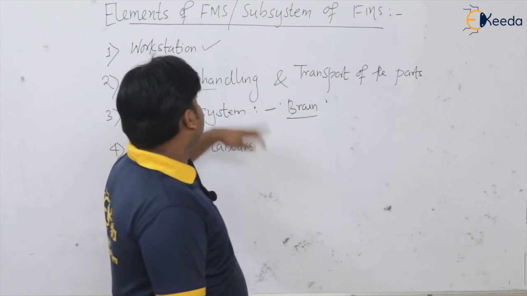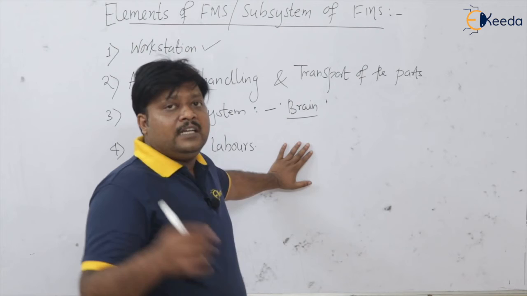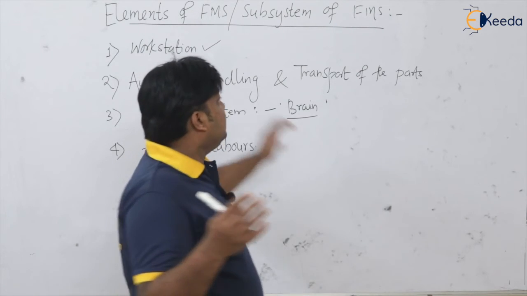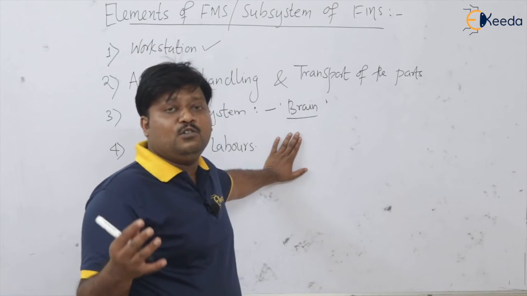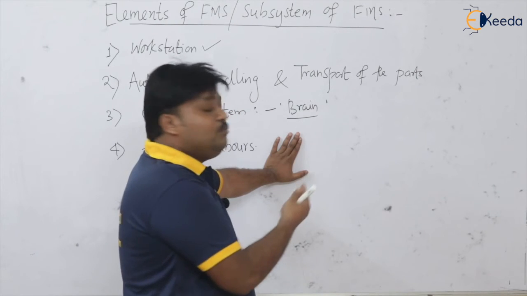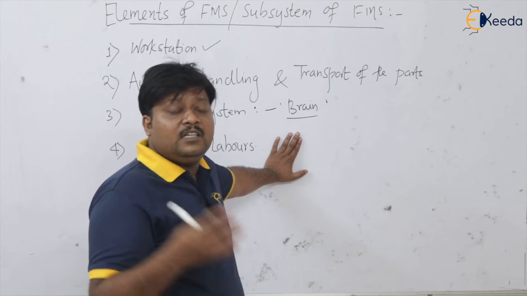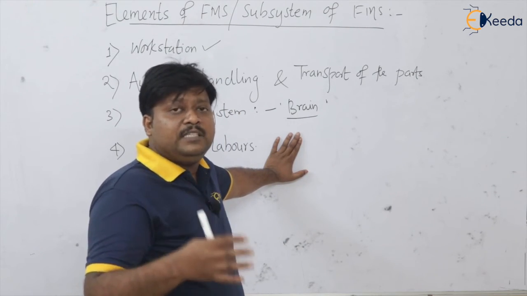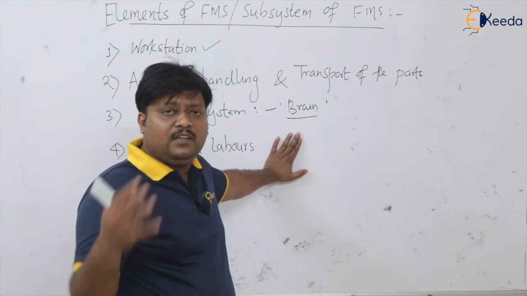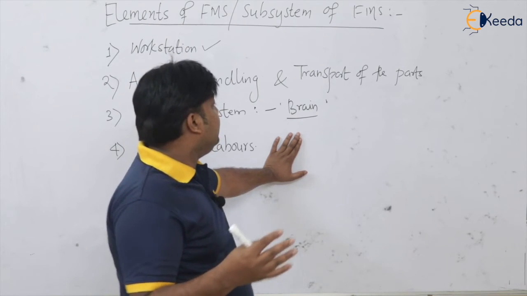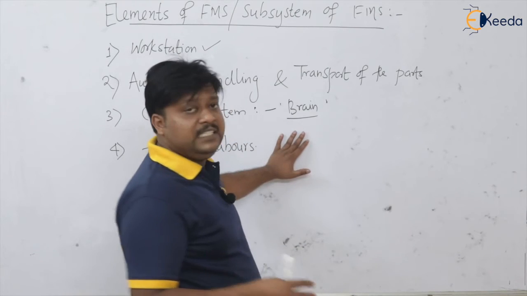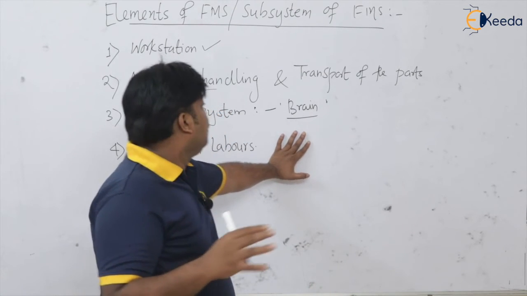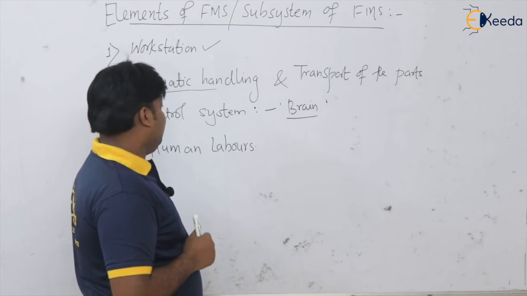Each and every equipment in the workstation, that is the CNC machines, is controlled by this computer, and also the material handling of the parts, the blanks, the components, is controlled by the central computer. So these are the control system in the FMS.